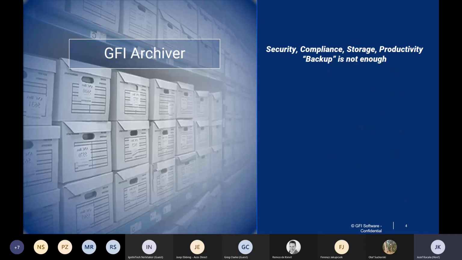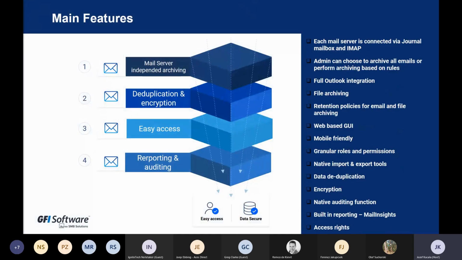The GFI Archiver is a product which is aiming at archiving emails. This is what it mainly is supposed to do. When it comes to archiving emails, I would like to highlight that the GFI Archiver is not mail server dependent. This means that it can easily work with Microsoft Exchange, Office 365, Lotus Domino, Iceberg, Zimbra, Kerio Connect, as was presented by Olaf previously.